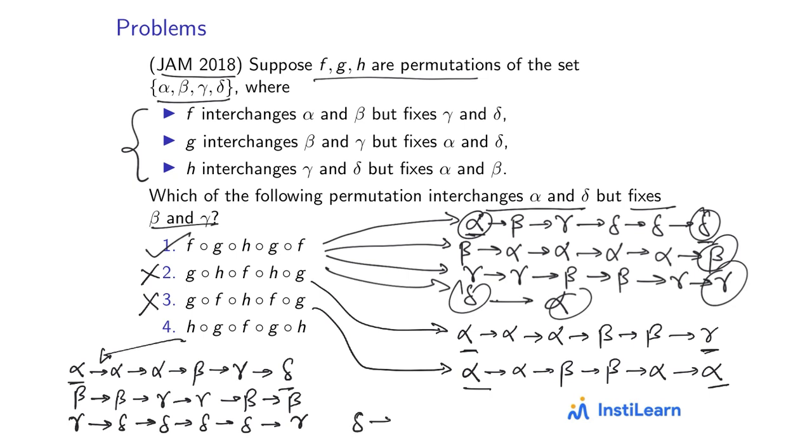H of delta is gamma, and G of gamma is beta, and F of beta is alpha, and then G of alpha is fixed, so alpha, and then H of alpha is fixed, so alpha. So delta is going to alpha. So yes, alpha and delta are being interchanged and beta and gamma are fixed. So this is also a correct answer. So here the answers are 1 and 4.